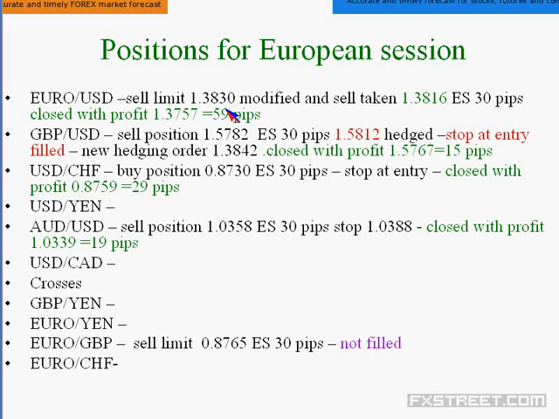So I kept a sell limit order at 1.3832, so 3830, because the initial low was 1.3832 in the case of Euro, and that was not breached after the start of the European session. That particular low, which was set around 3:30 GMT, was subsequently breached, and Euro started making that drop.